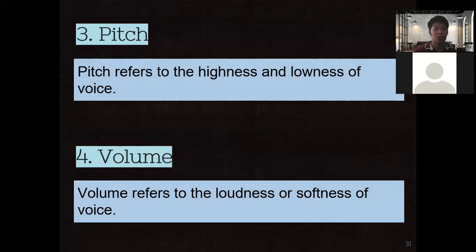Next one, the pitch. Pitch refers to the highness or lowness of voice. Pitch is also another term for intonation. Next one is the volume. Volume refers to the loudness or softness of voice. So the strength of our voice can also mean something.